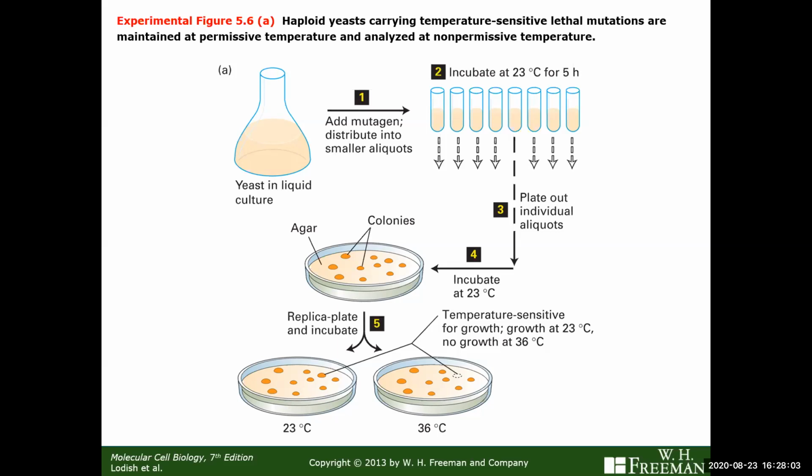It is just good enough to cause mutation in a few cells, and you want to ensure that it does not cause more than one mutation per cell. So you will use a low enough concentration that many of the cells will not end up getting mutated at all. Some will get mutated.